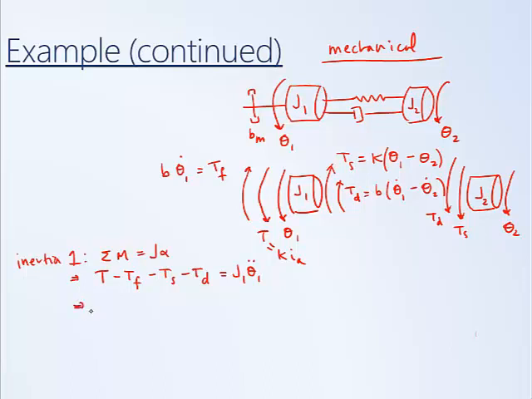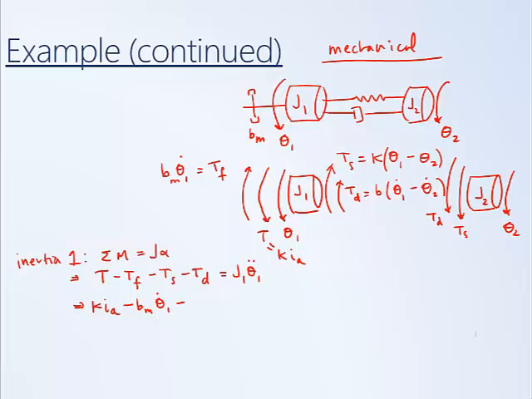And then we can substitute in the different expressions we have for the different torques. So we have the motor torque, equal to the motor torque constant times the armature current. Subtract the frictional torque, where we're given that the viscous frictional coefficient is B sub m, so B sub m theta 1 dot.